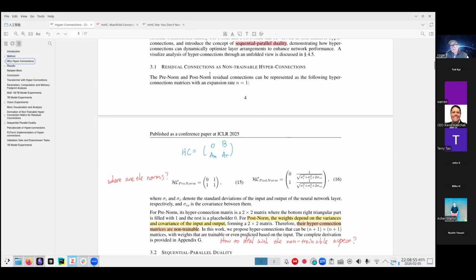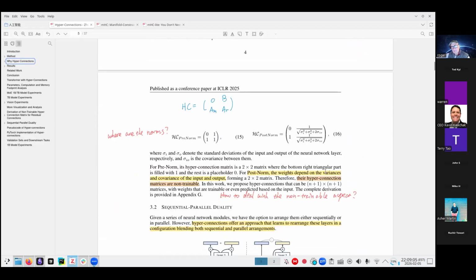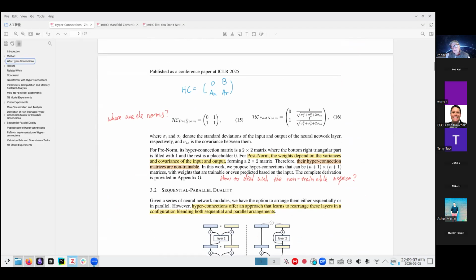The initialization, this just talks about how they initialize that, for hyperconnections versus residual connection, and non-trainable. Here they try to express the prenorm and the postnorm as their hyperconnection matrix. The prenorm is easier to understand. It's just a simple one.